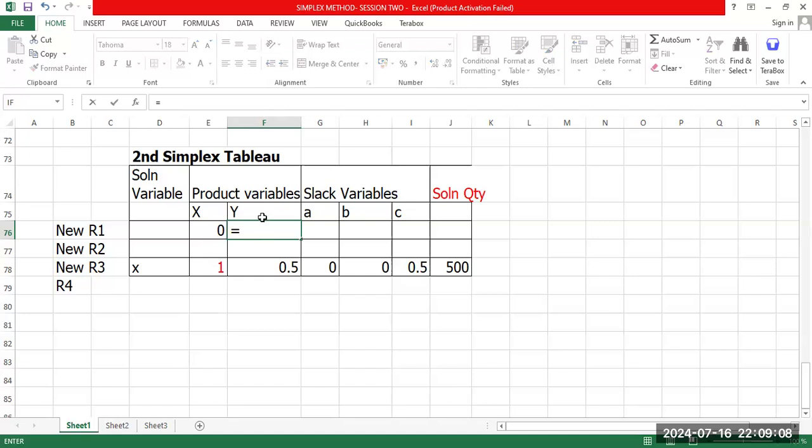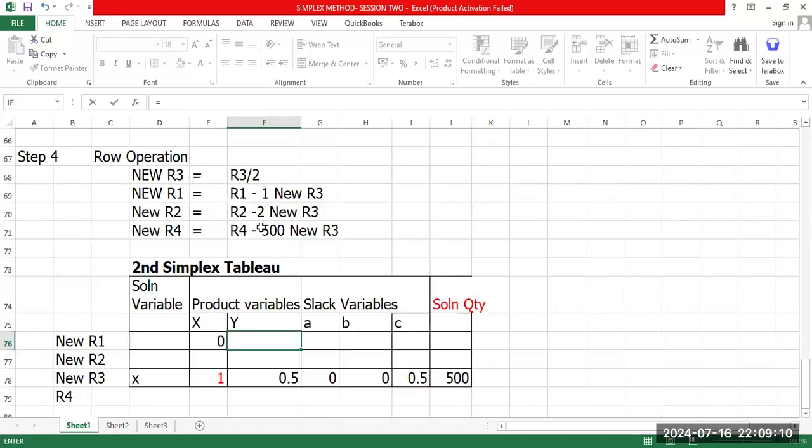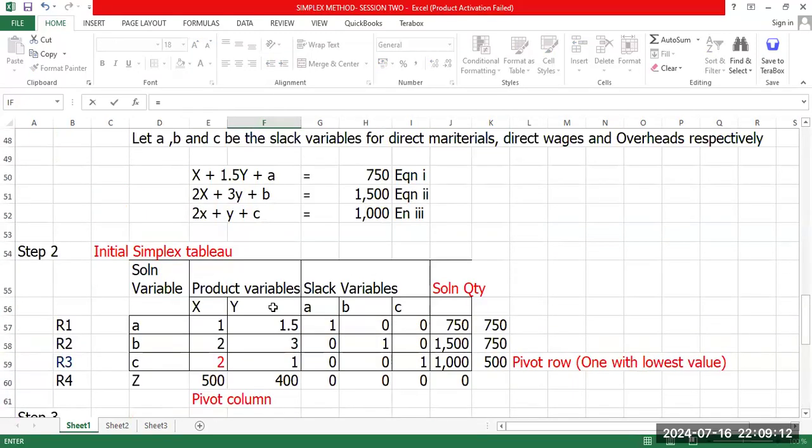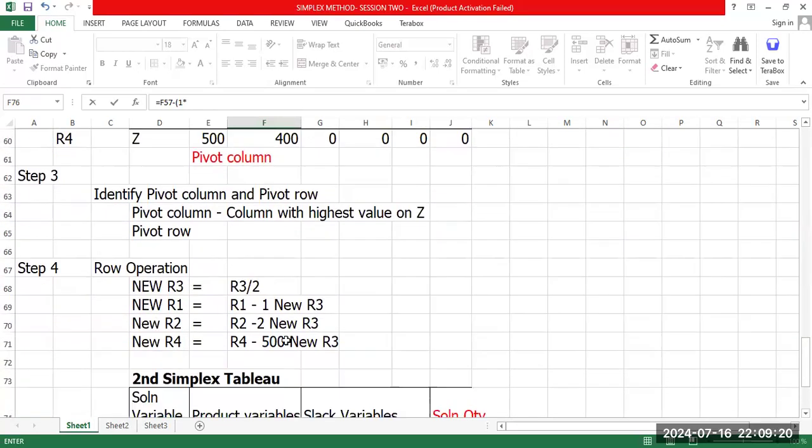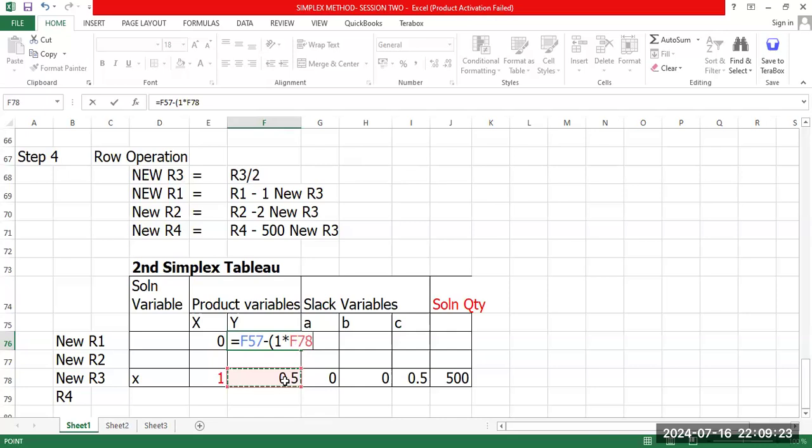Do the same steps. Get the value that was here, which is 1.15 minus, open bracket, 1 times. What is new row 3? It is this one. Are you getting 1? Yes.